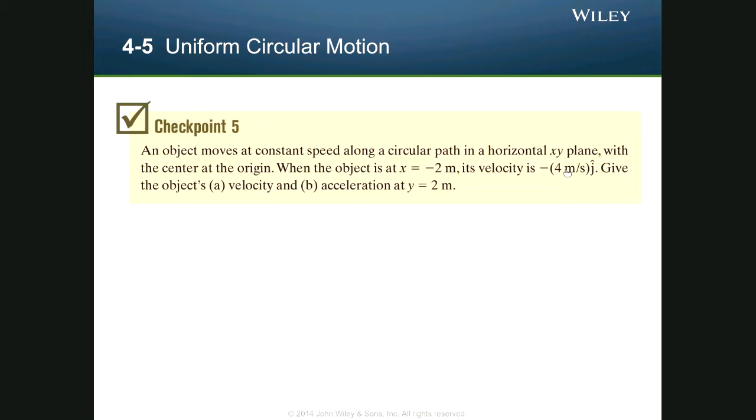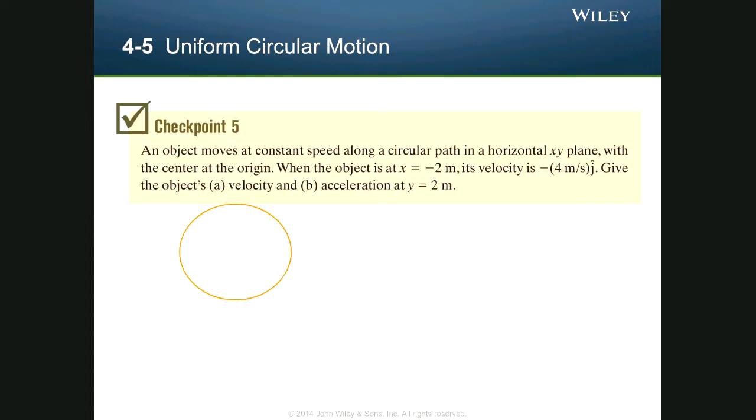Give the object's A velocity and B acceleration at y equals 2 meters. Okay, well, let's take a look here. Let's draw the problem in a way that makes this make sense.